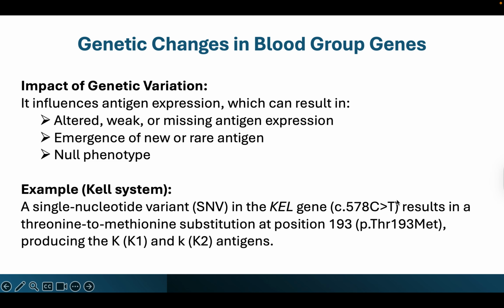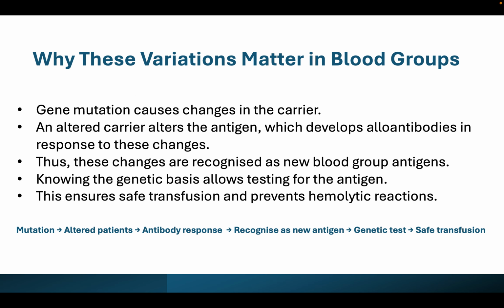But if I don't have this information, if I don't know what the mutation is and where its location is, I can't test for it. And this is exactly what it means: knowing the genetic basis allows testing for the antigen. This ensures safe transfusion and prevents hemolytic reaction.